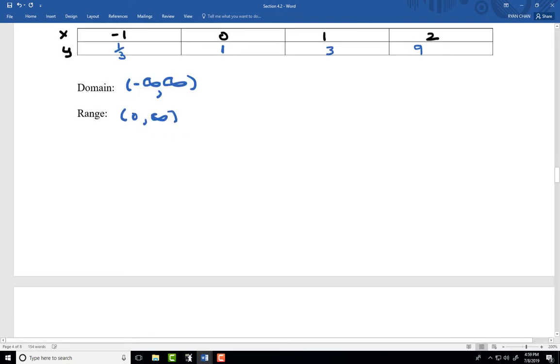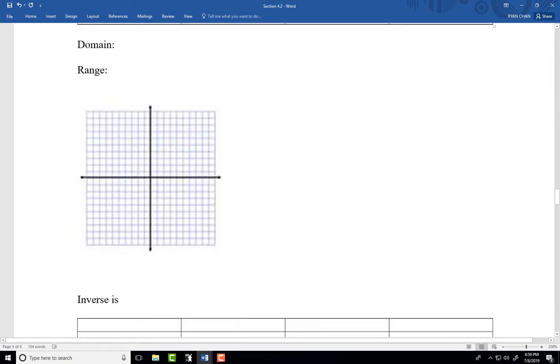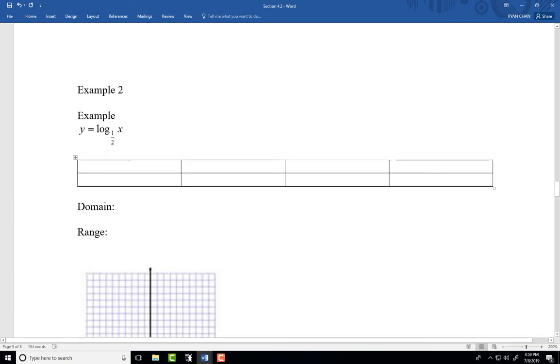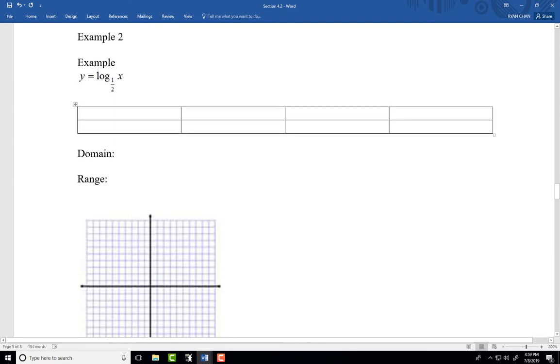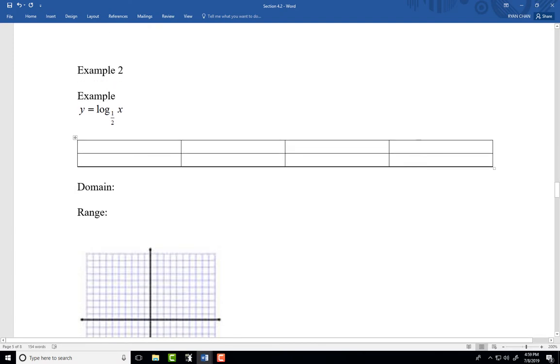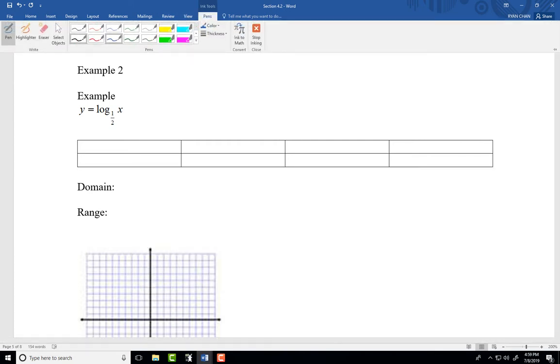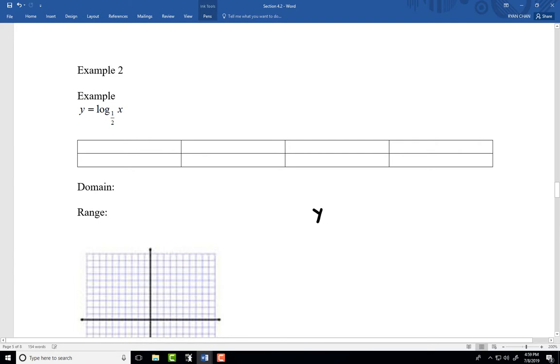Let's do one more example. For the following, if I want to graph y equals log base 1/2 of x, same thing.